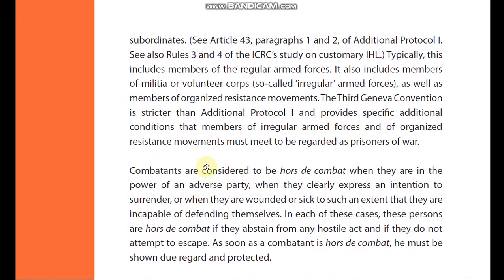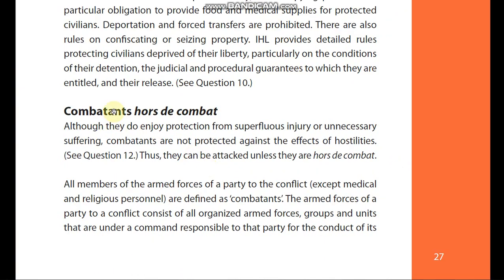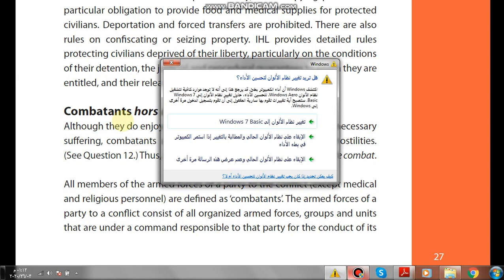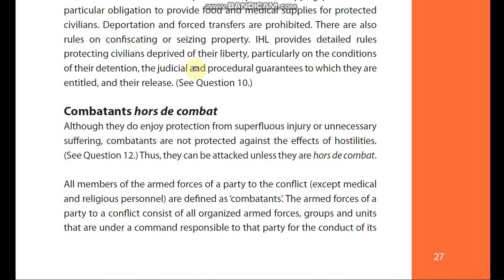The second kind of people who are under the protection of IHL during international armed conflict is the combatant. But if we say the combatant and stop, then this will be incorrect, since combatants in general are not protected under the IHL. Why? Because they are a legitimate target.